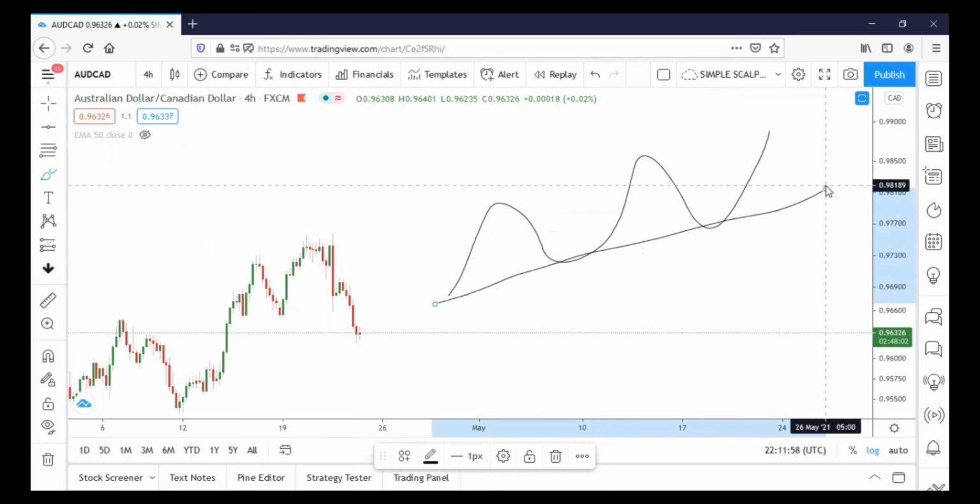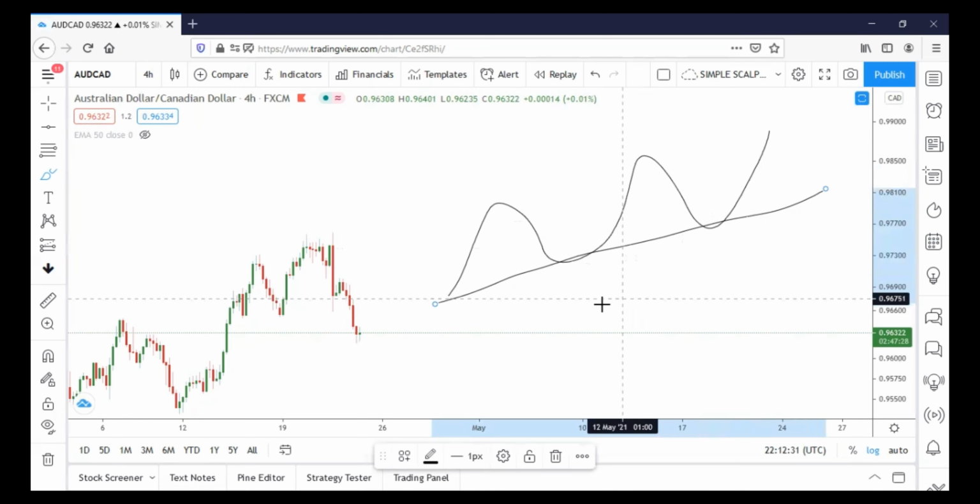You will agree with me that trend trading is the best so far. So we want to move in the direction of the trend. With this simple strategy I'm going to be teaching you guys, if you employ it and trade it the way it should be traded, you're going to gain a lot from it.